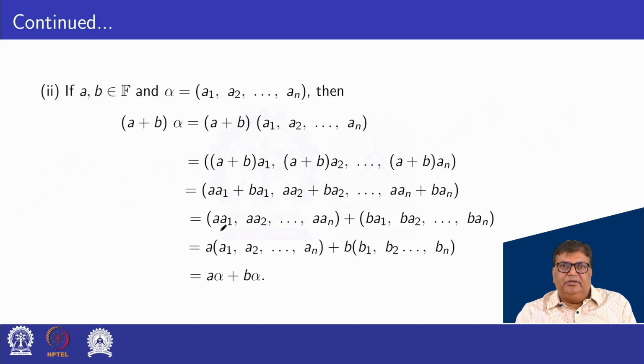And this can be written as a into the n-tuple (a1, a2, and so on, an) plus b into (a1, a2, and so on, an). That is, this expression can be written as a alpha + b alpha. That is, the property (a + b) alpha = a alpha + b alpha holds.